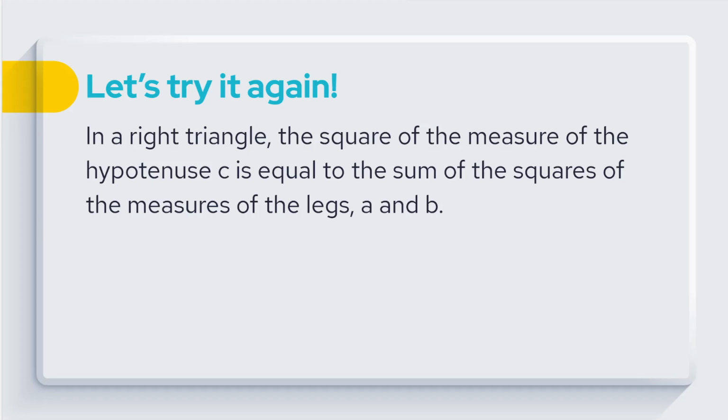Let's try it again. A right triangle is a triangle with one 90-degree angle. The square of the measure of the hypotenuse is equal to the sum of the squares of the measures of the legs A and B. So the square of the measure of the hypotenuse, square, this is an operation, right?